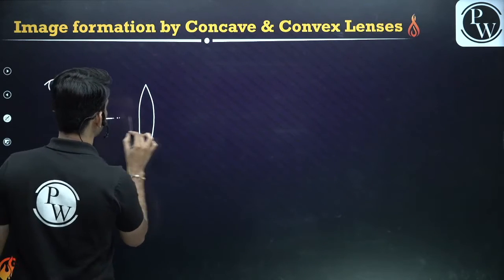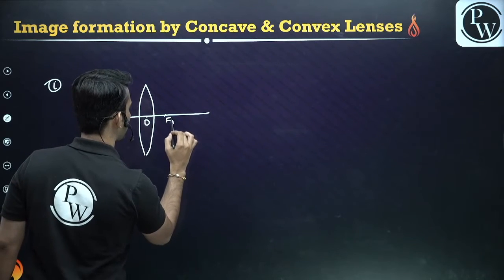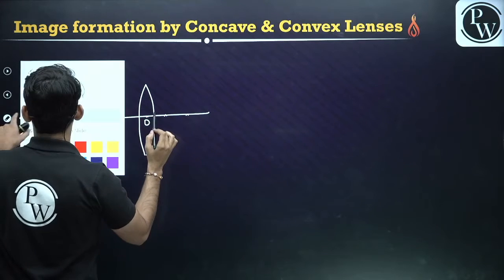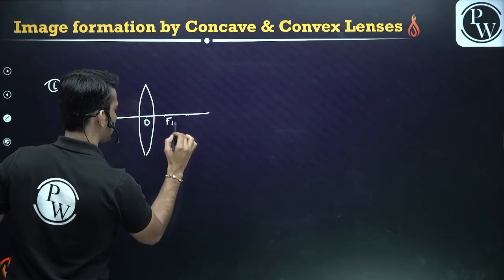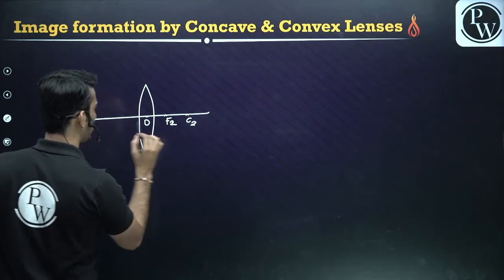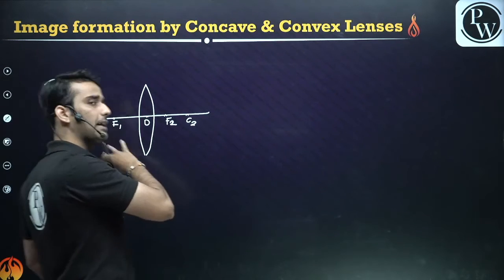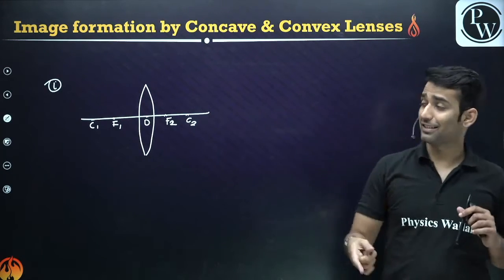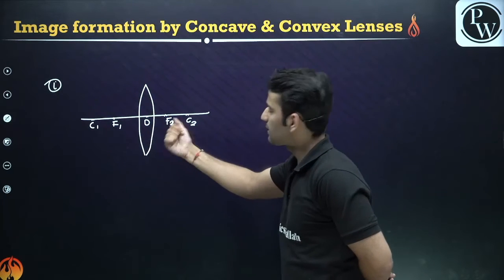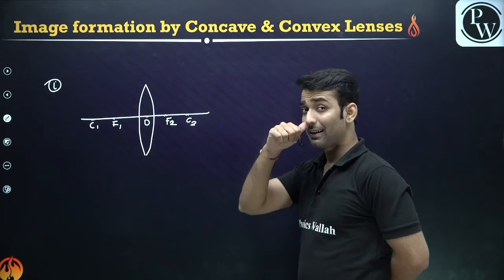This is the optical center, this is the first principal focus F1, this is F2, this is C2, and this is C1, the center of curvature on the left. This is the second principal focus, or center of curvature.